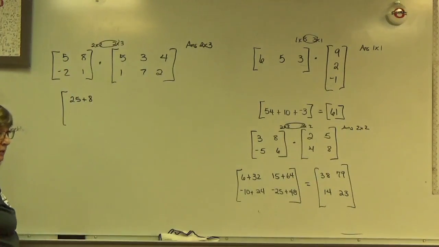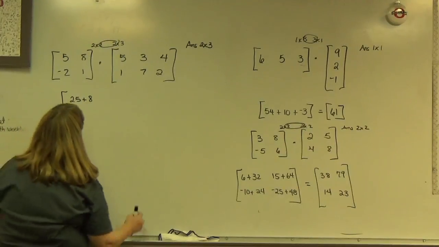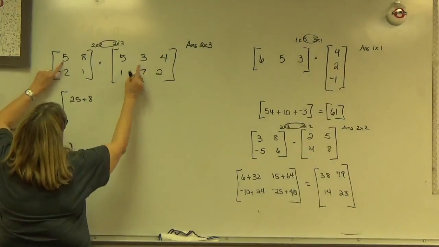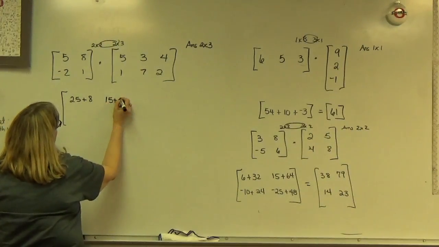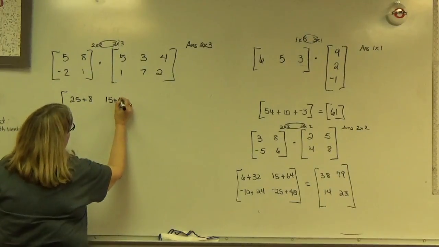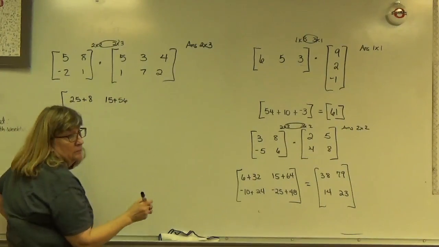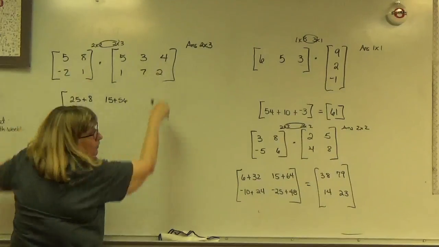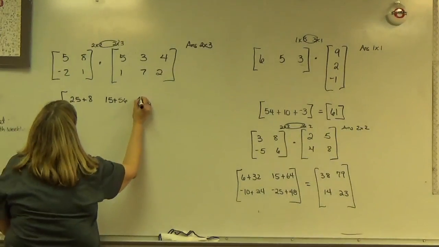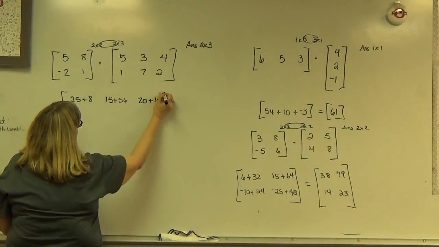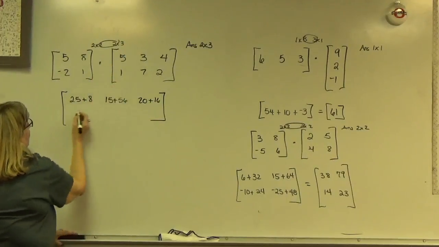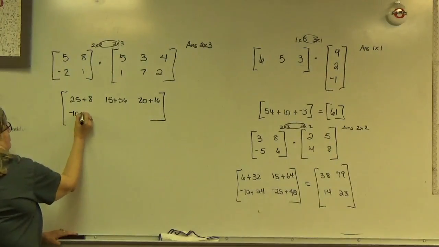Okay, first row, second column, Josie. 15, 60, 56. Next. First row, third column. 20 and 16. Next. You got second row, first column. Negative 10 plus 1.